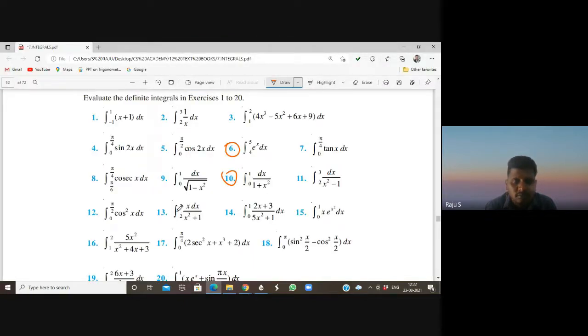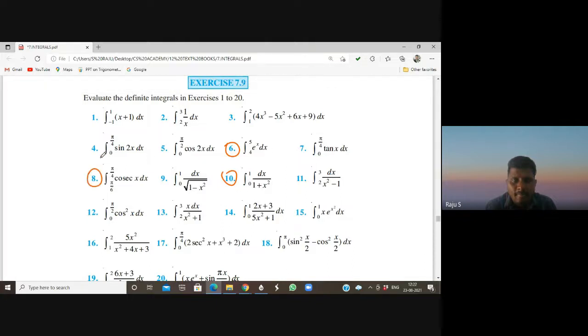I'm going to give one question to students. All of you try to do that. For you, the question is question number 8. Can you do this? Directly, integral cosecant x is there. Do it fast.